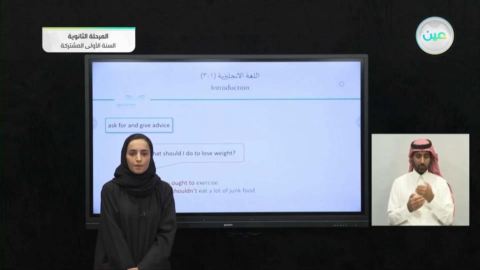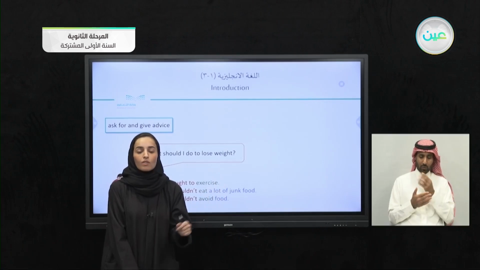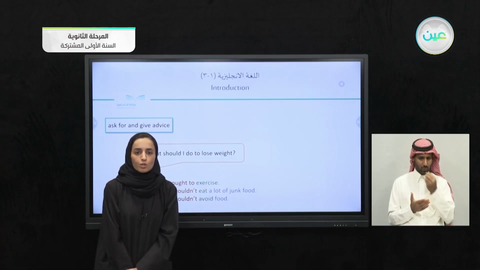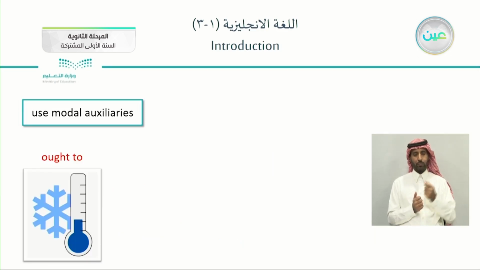Stay away from it. And we can tell him that you shouldn't avoid food. And this is one thing that is important. Avoid unhealthy food, however, never avoid food. Avoiding food is not going to be good for you. So I have used here ought to as well as should in the negative form, which is shouldn't.